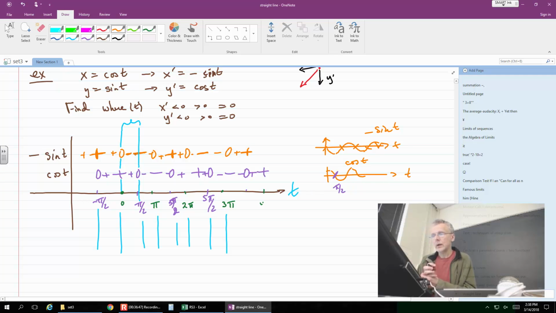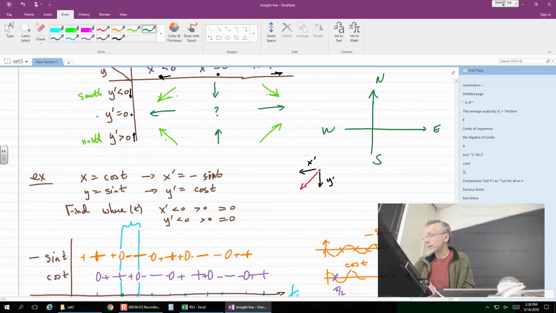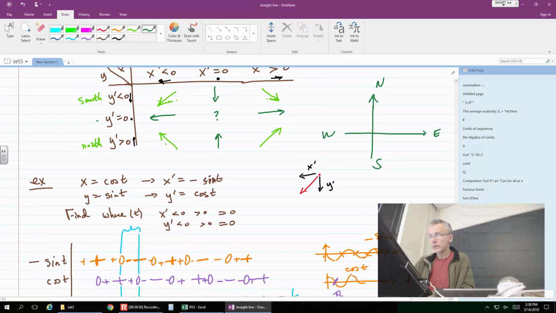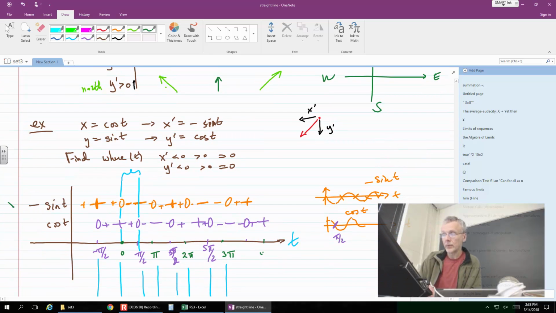So what's the direction of the curve? You can refer to this table. Once again, remember this is x prime and this is y prime. So it appears that x prime is negative and y prime is positive. So which way are we going? Right, so what is it, northwest. Over here, northwest.